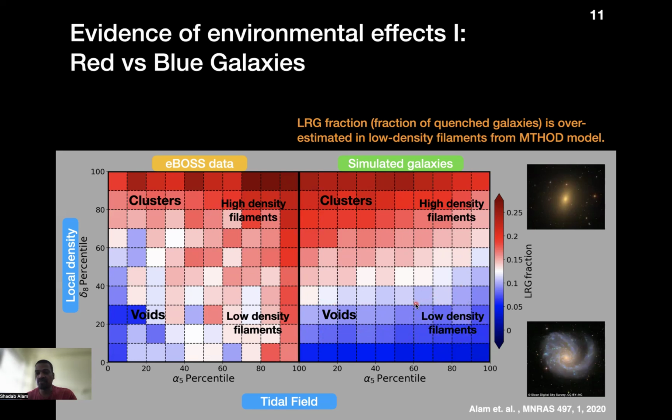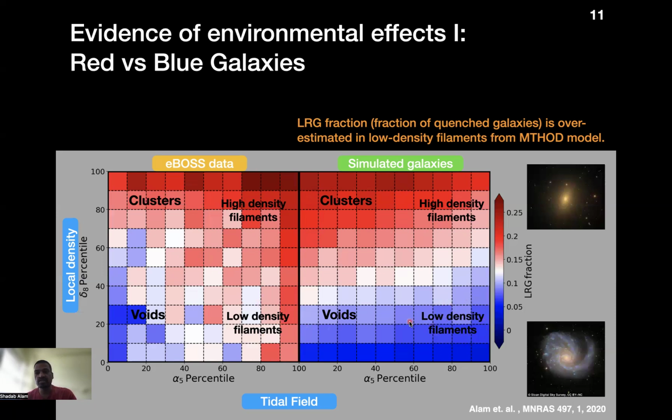There are significantly more blue galaxies in the simulation compared to the data. And this is a statement that if you think it's just the host halo mass, the host halo mass distribution here is very different from what you'd see in the data.